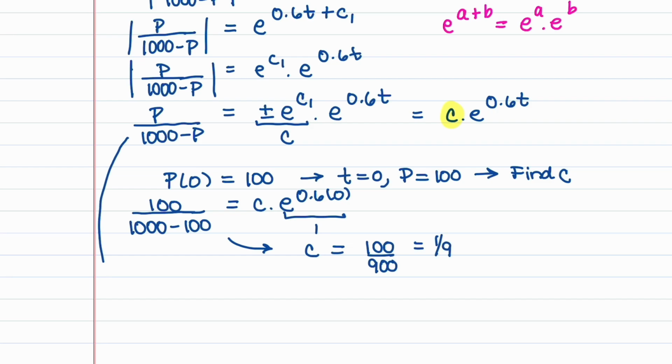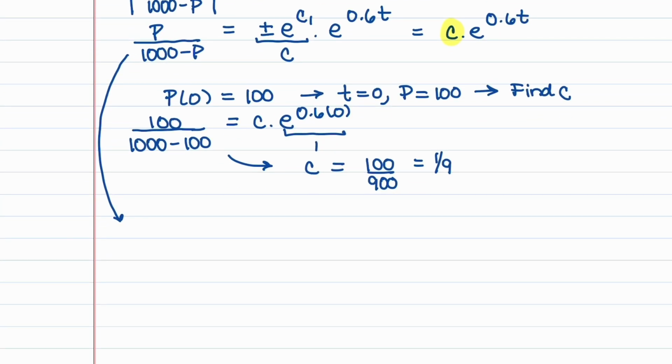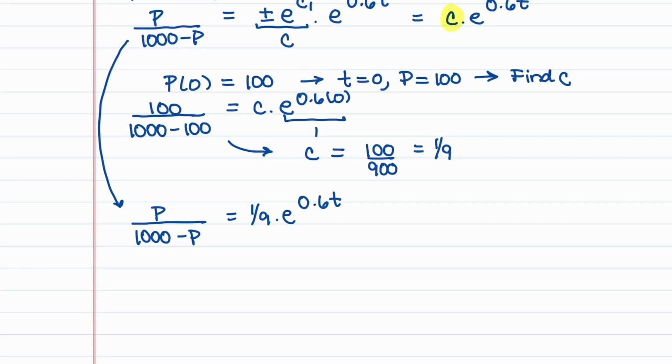Let's now rewrite our equation, and we have p all divided by 1,000 minus p is equal to 1 over 9 times e to the 0.6t. This gives us p is equal to 1,000 minus p times 1 over 9 times e to the 0.6t.